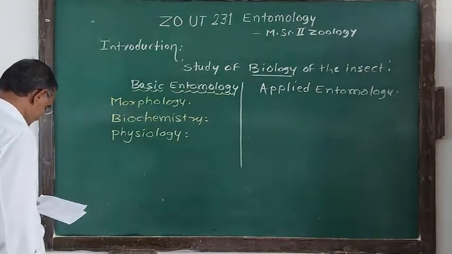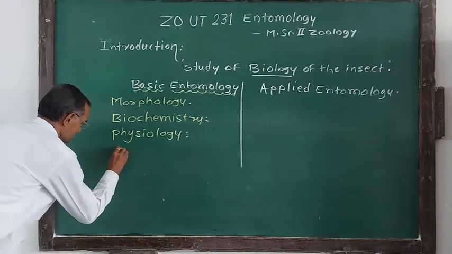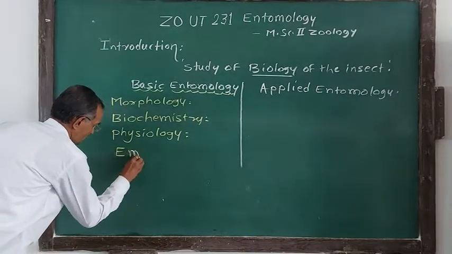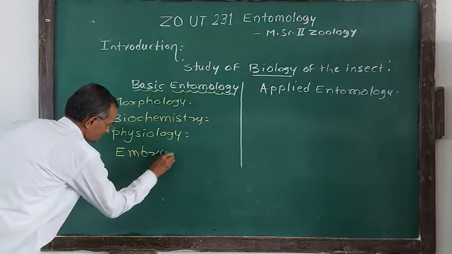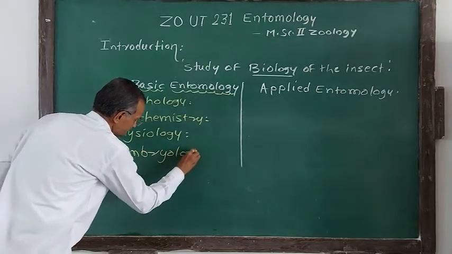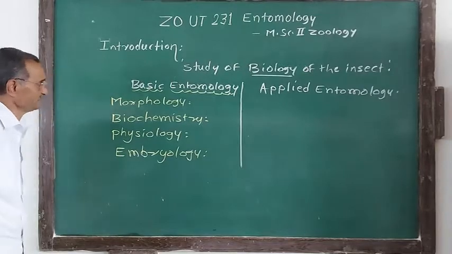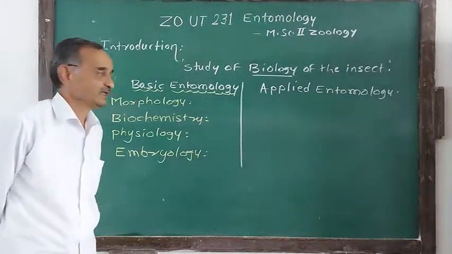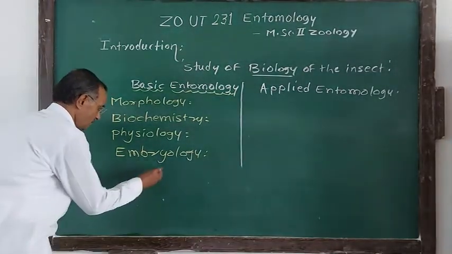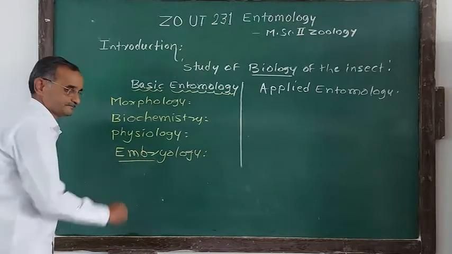Basic entomology also includes the embryology of the insect. This branch deals with how the insect embryo is developed.